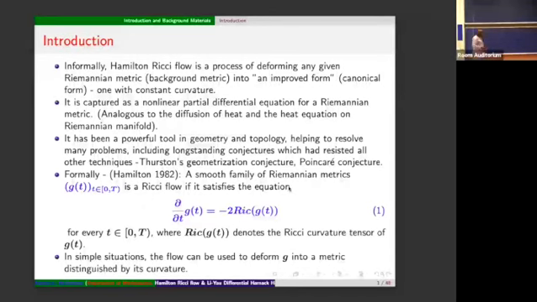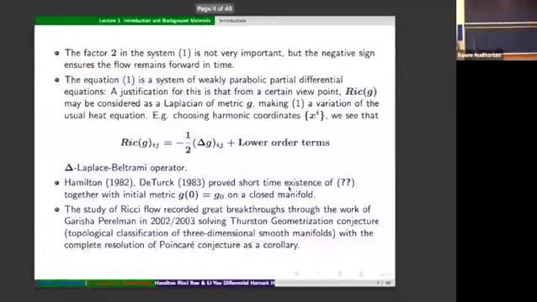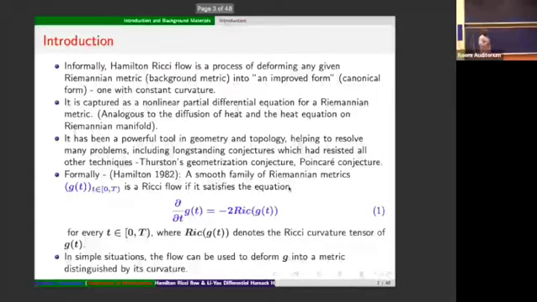Let me give this as introduction. Ricci flow was introduced in 1982 by Richard Hamilton. Informally, we can see it as just a process of deforming any given Riemannian metric.